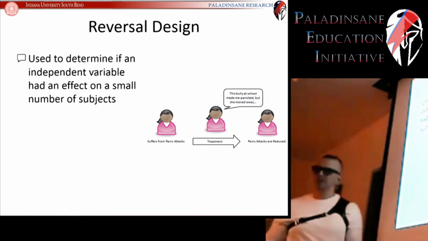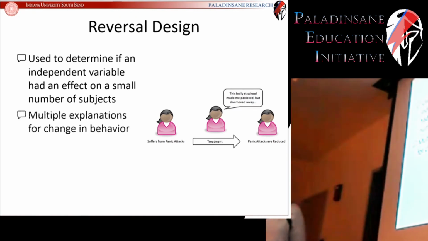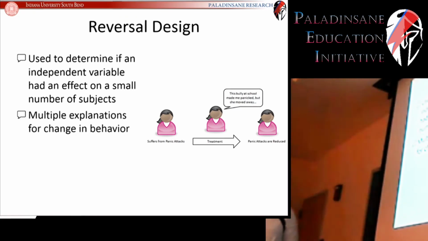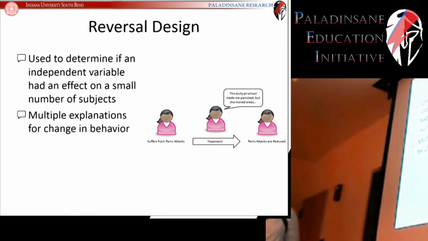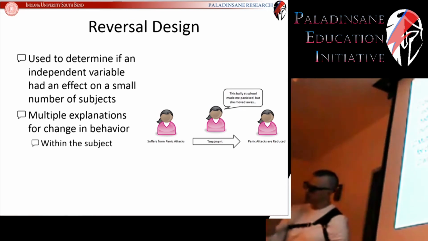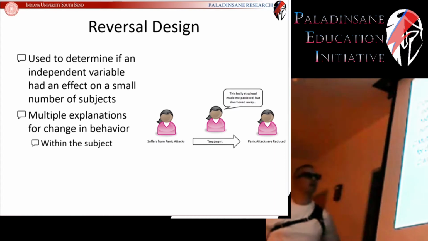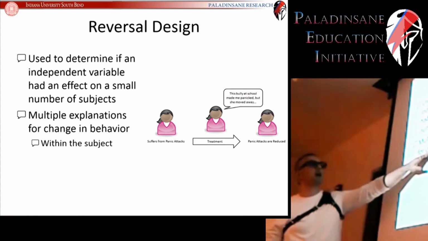And again, a reversal design, you use it for small numbers of subjects. This is a way to control for multiple explanations for changes in behavior. You're looking to make sure that it's just the treatment. So as we saw, there's a number of explanations that can cause behavior changes.